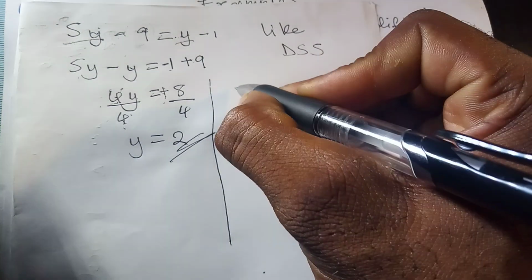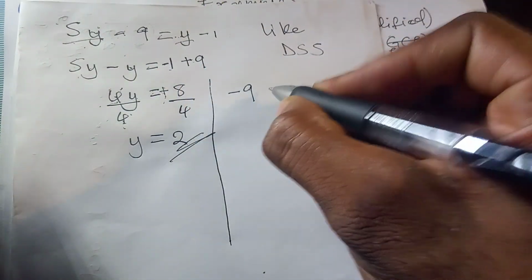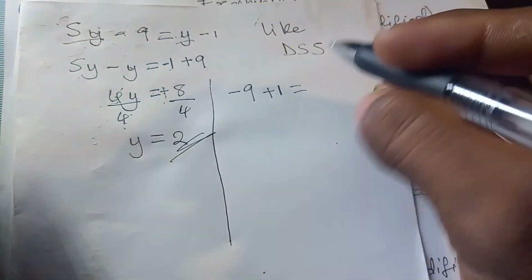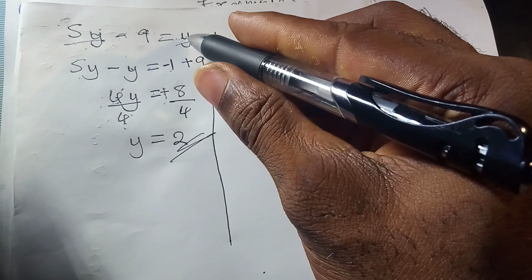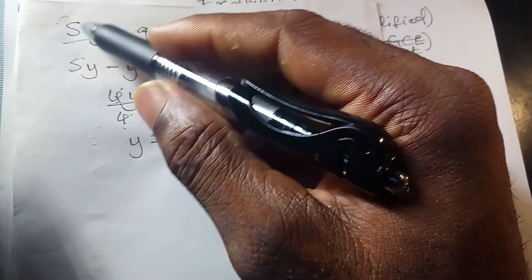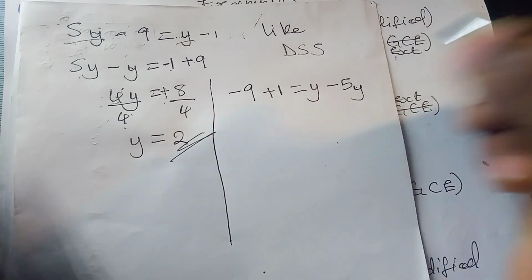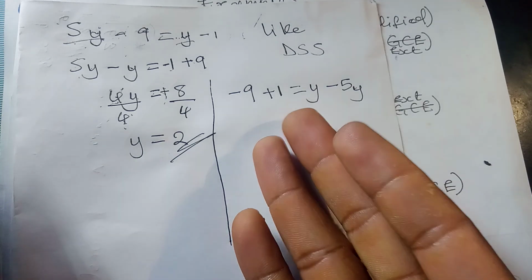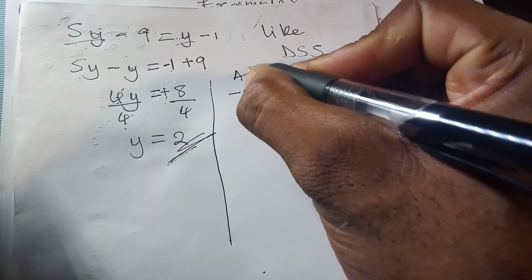So if you decide to keep the 9 this side and then bring the 1 this side like this, and then you take the y to the other side, remember this one has not been moved, so it will remain as it is. Then if you take the 5y to the other side, it will be a negative 5y. So this is just an alternative. The problem has been solved.